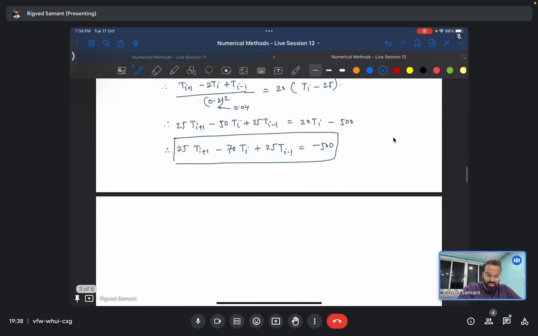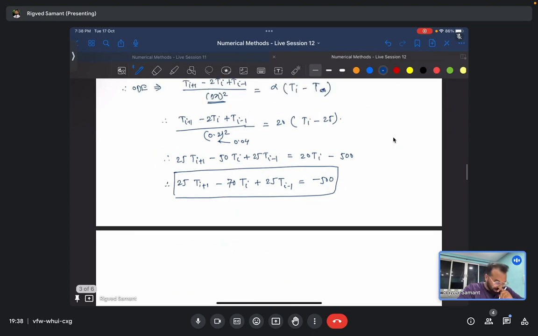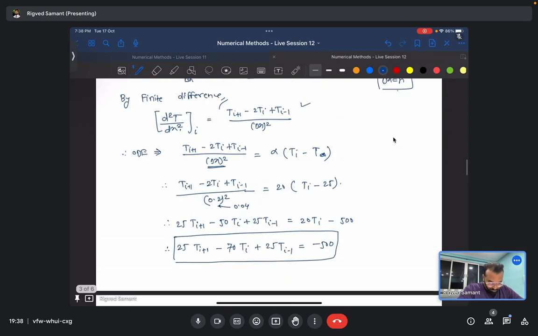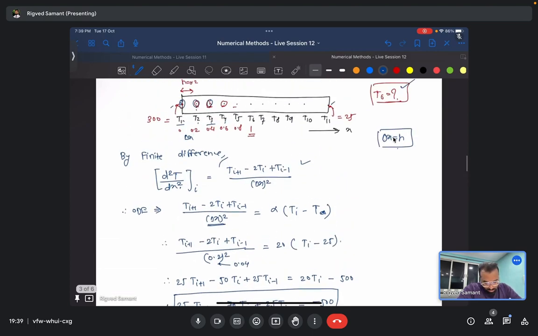We'll start with i is equal to 1, but if you see, the central difference formula is only valid from 2 to 10. For 11 and 1, that central difference formula is not applicable or not required because the value is already known.